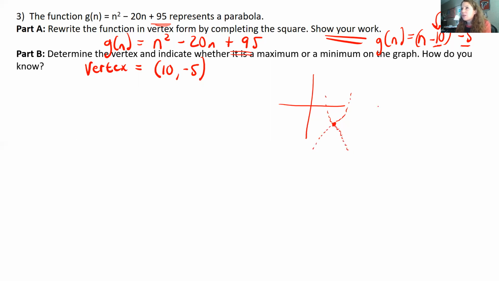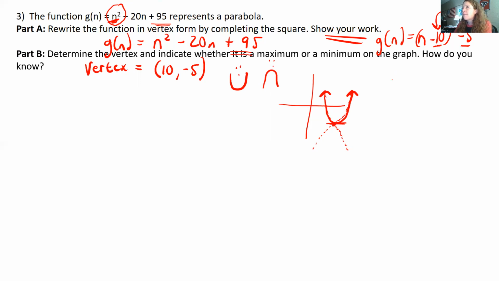Well, how do we know? It's our leading coefficient. If our leading coefficient is a positive number, we have a happy parabola, remember? If it's a negative leading coefficient, we have a negative parabola. So since this is a positive number right here, our parabola is going to open up, which means that this is going to be our lowest spot.